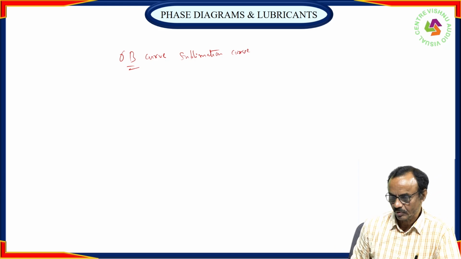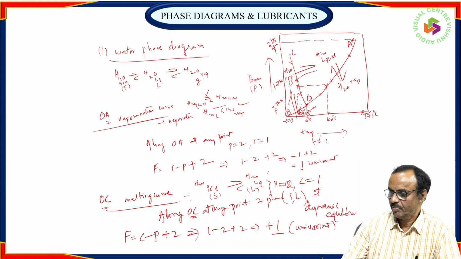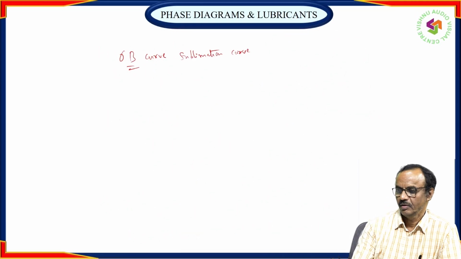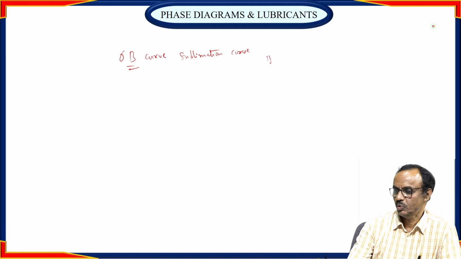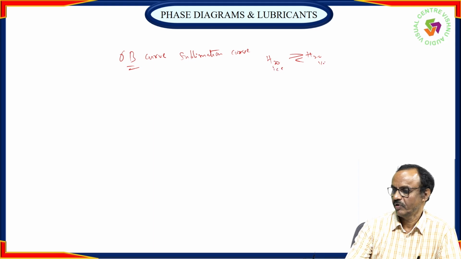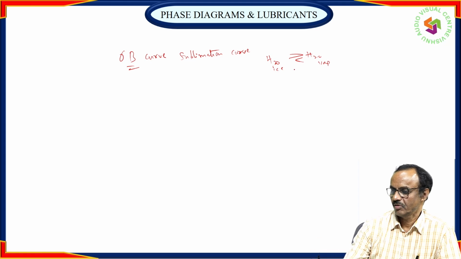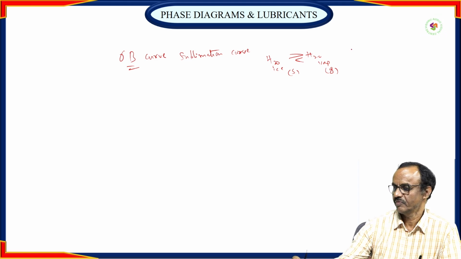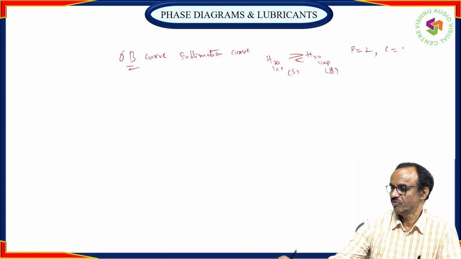Along this curve, vapor of ice and ice, H2O, two possible phases: solid, gas. Two possible phases along the OB curve. Phases P is equal to 2. Components C is equal to 1.